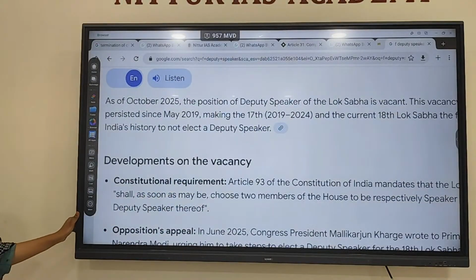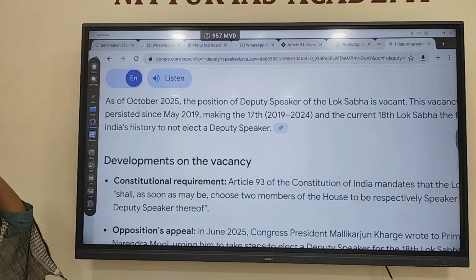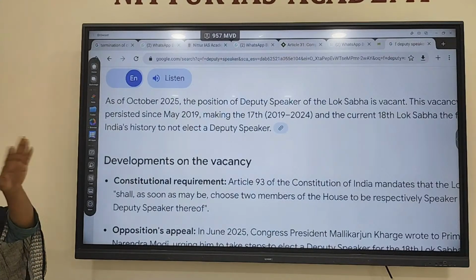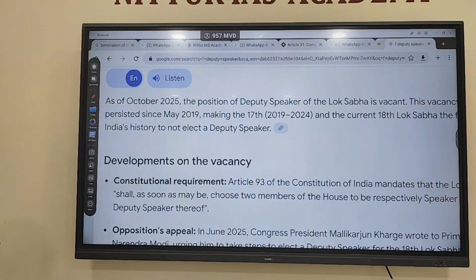As of October 2025, since from May 2019 onwards, the deputy speaker of Lok Sabha vacancy is there. Okay.